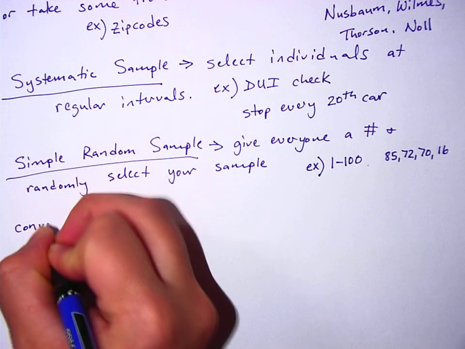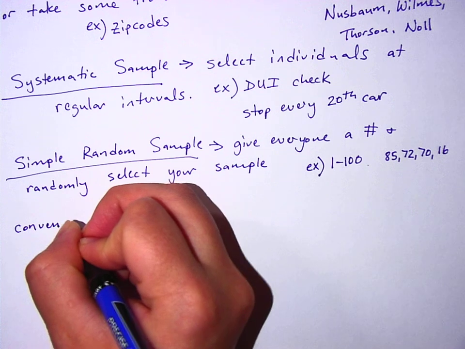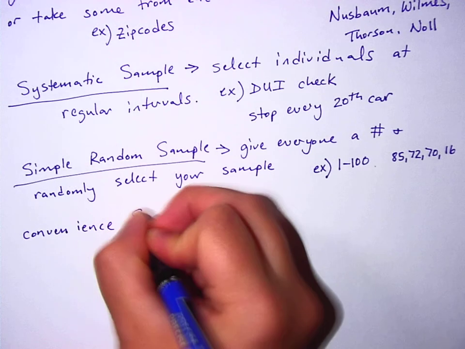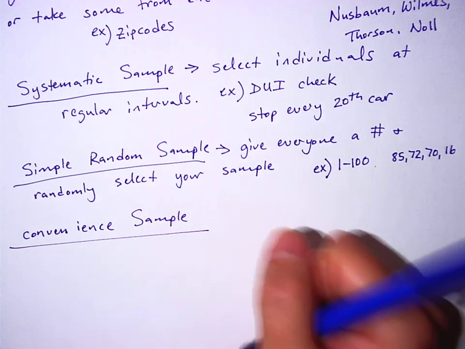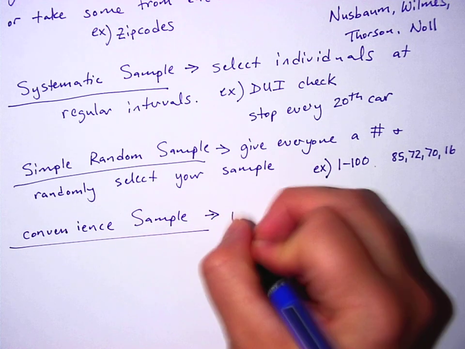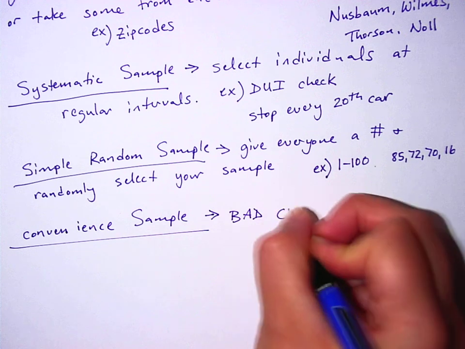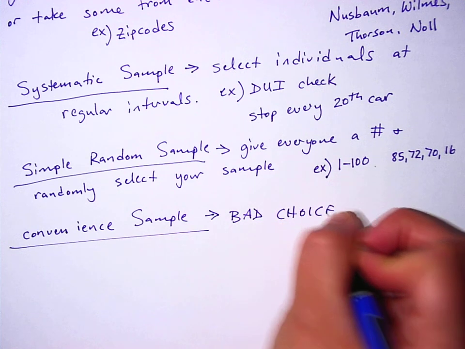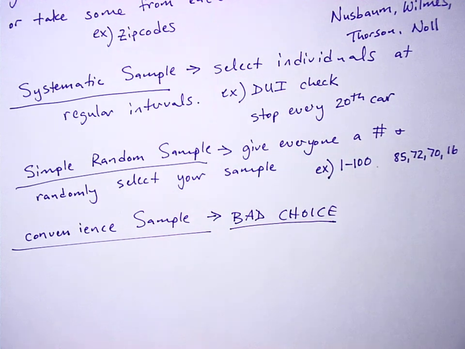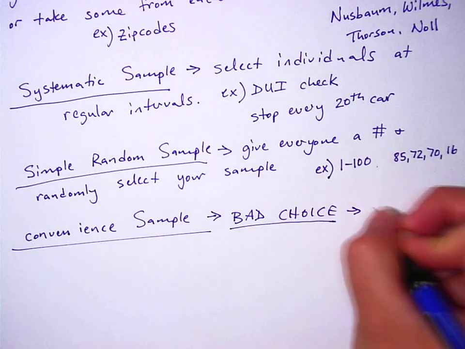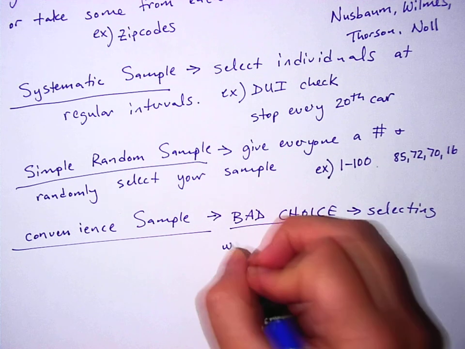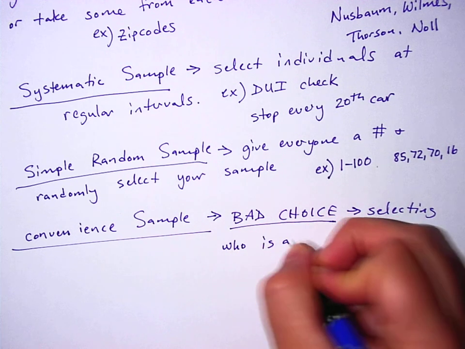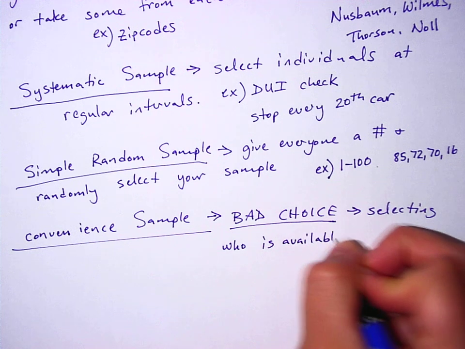Finally, it's convenience sampling. Okay, a convenience sample is a bad choice to make. You should never actually do this if you are a good scientist. It's basically just selecting who is available or who you like.